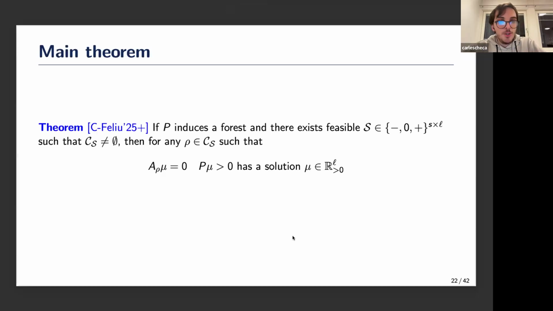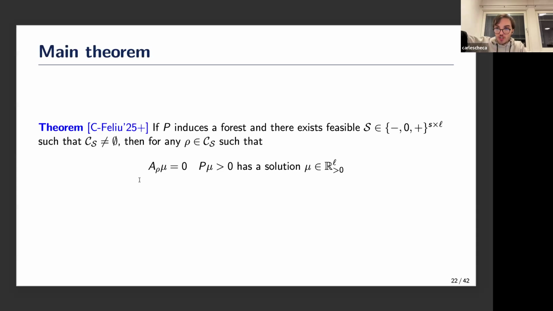And as I was telling you, perhaps this is a main theorem. If we assume that P induces a forest for some P corresponding to a row reduction, and there exists what we call a feasible sign matrix such that the corresponding set CS is non-empty, then for any rho that lies in that set, we are able to find a solution of this characteristic system.